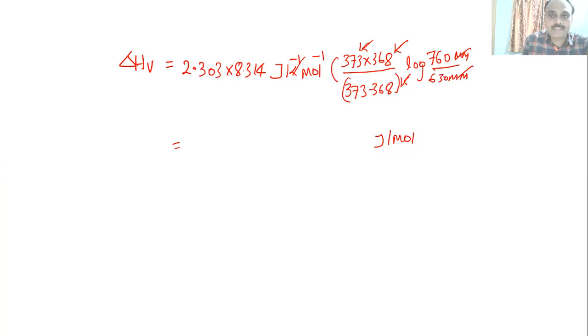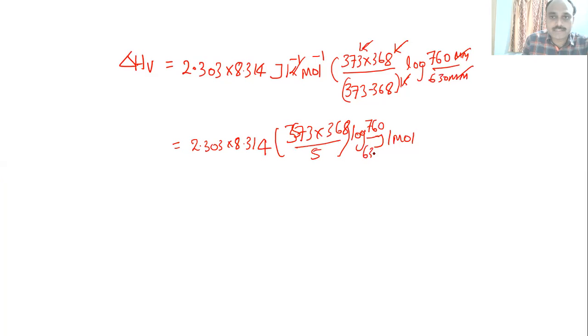Now you can calculate 2.303 into 8.314 into 373 into 368. I will write as it is: 2.303 into 8.314, right, into 373 into 368 divided by 5. Then log of 760 divided by 630. Okay, and the final unit is joule per mole, that I will write here. Then it is equal to how much?